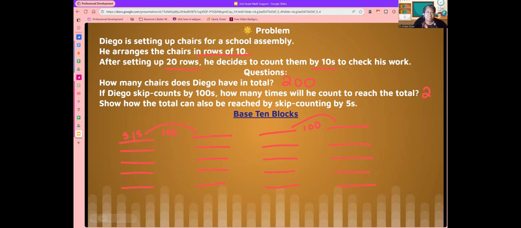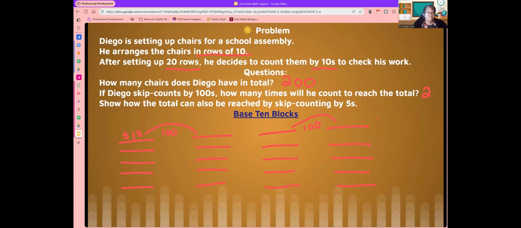So 5, 10, 15, 20, 25, 30, 35, 40, 45, 50, 55, 60, 65, 70, 75, 80, 85, 90, 95, 100, 105, 110, 115, 120, 125, 130, 135, 140, 145, 150, 155, 160, 165, 170, 175, 180, 185, 190, 195, 200.